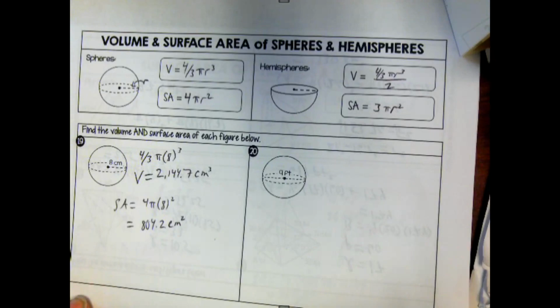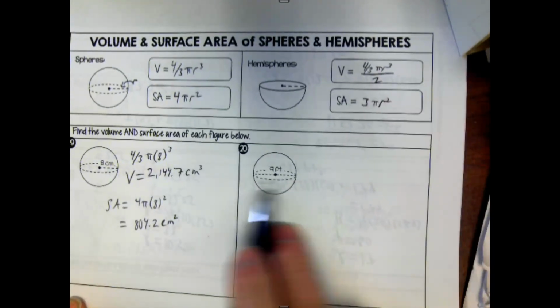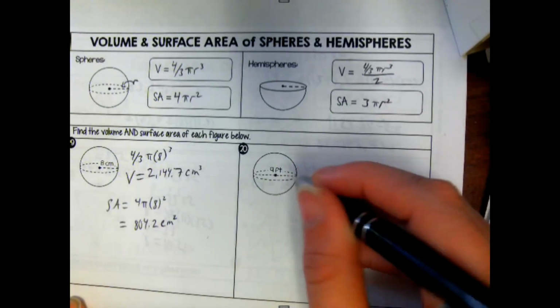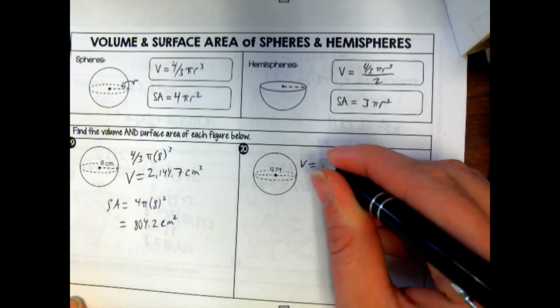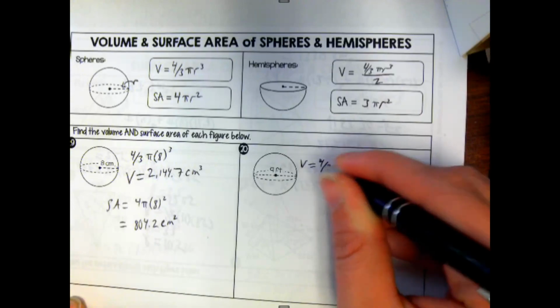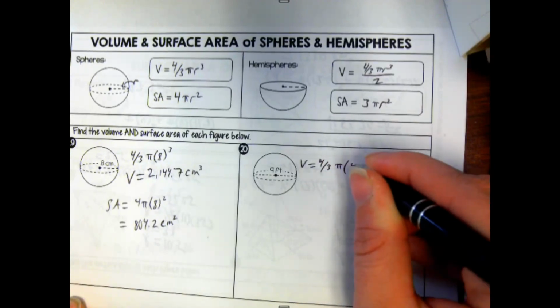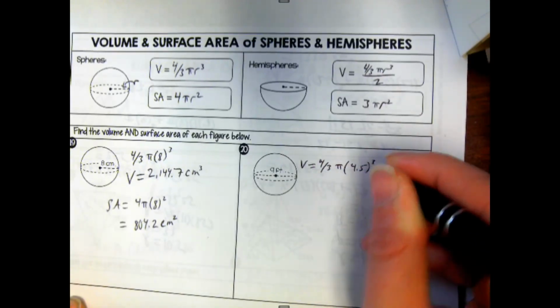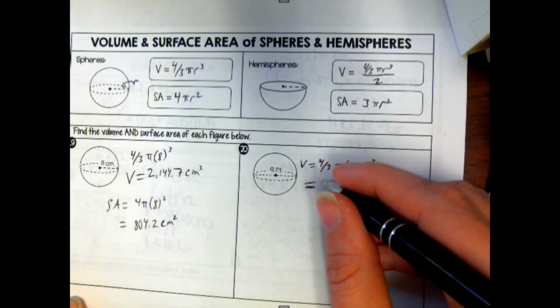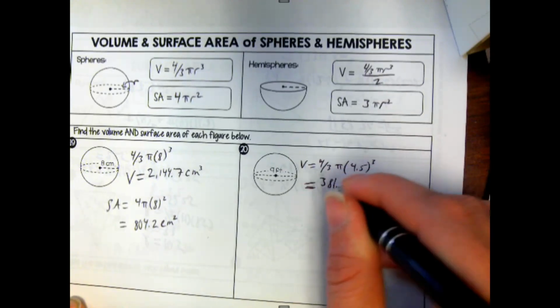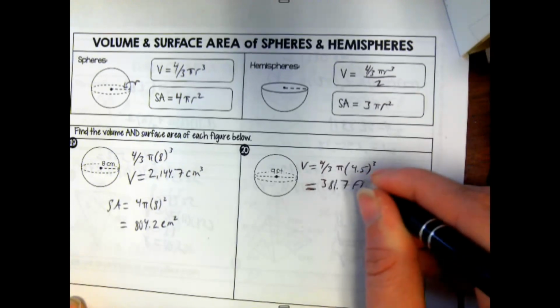square centimeters. Now here I have a diameter of 9 feet, so my radius is half of 9, which is 4.5. So my volume is going to equal 4/3 times pi times 4.5 cubed, and that equals 381.7 cubic feet.